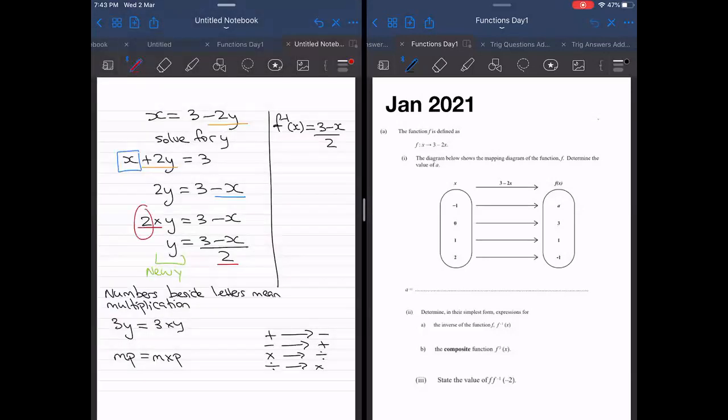The 2, which is multiplied, when I take it over, I divide. So something else fundamental that some persons probably don't know: fractions can be read as division.